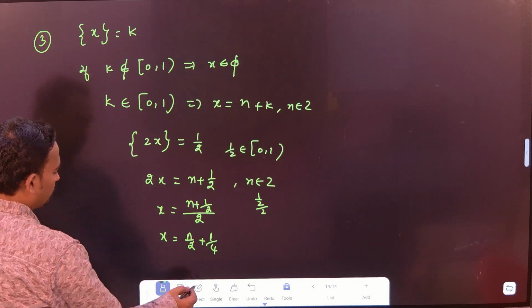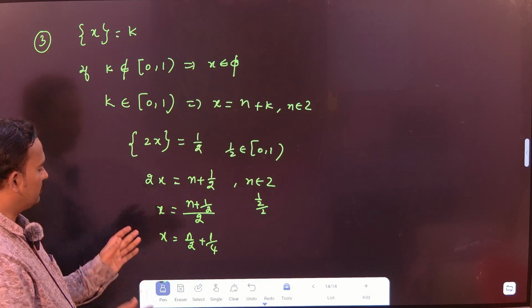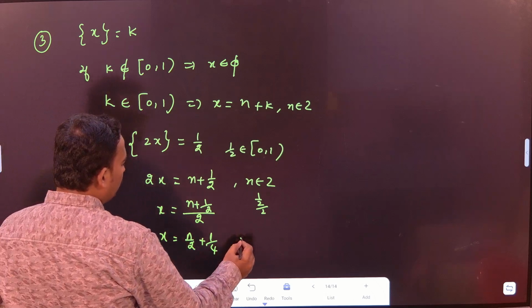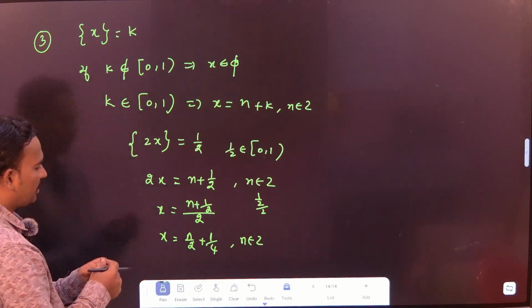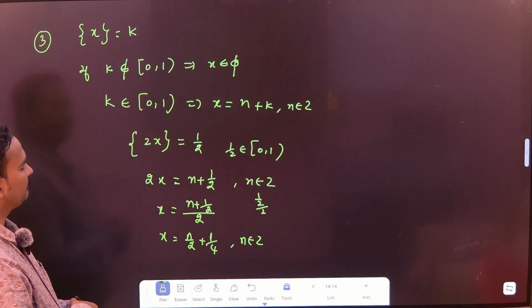Correct? I hope everyone understands. This is your x value. You can take n as any integer, so infinitely many solutions are possible here.